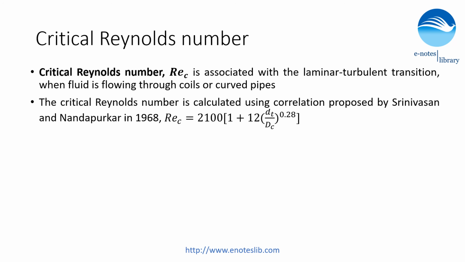So we cannot say that this value is fixed for every experiment, for every curvature ratio. No, it can be different. Every time dt over dc is different, the critical Reynolds number will be different.